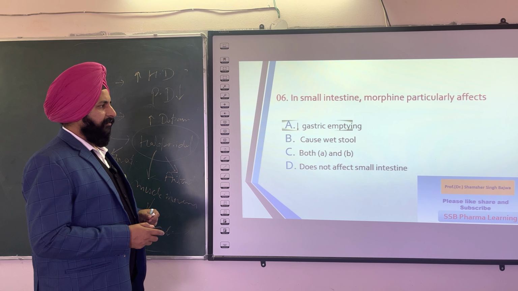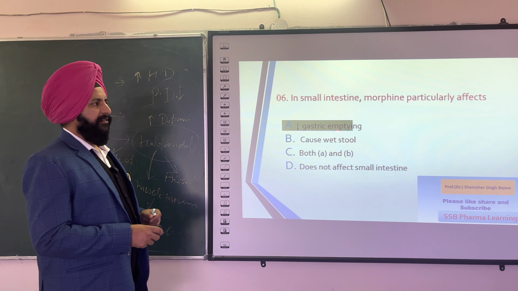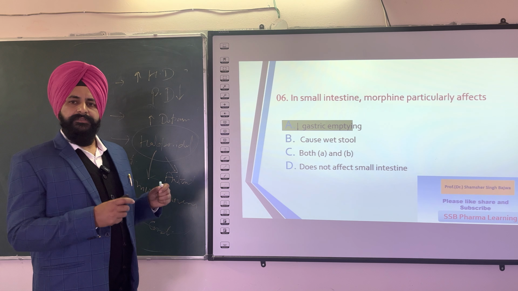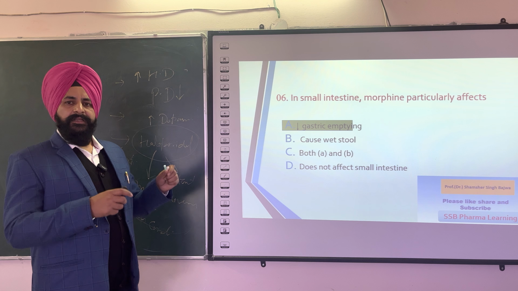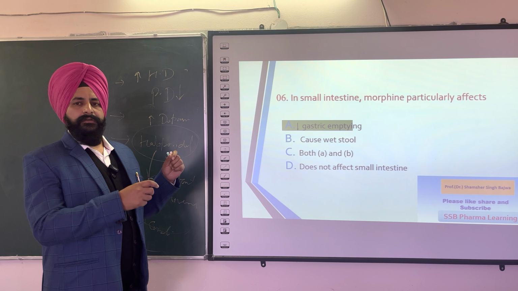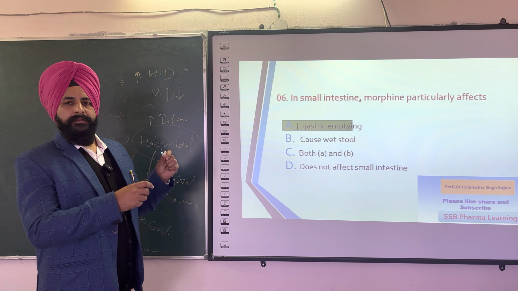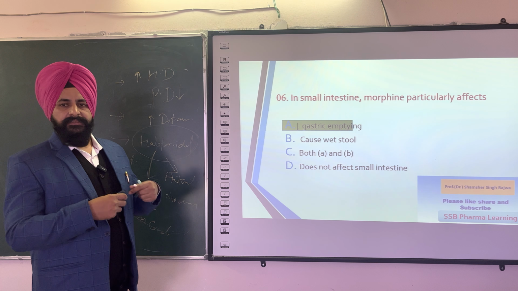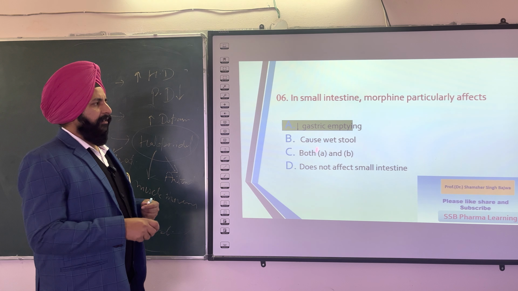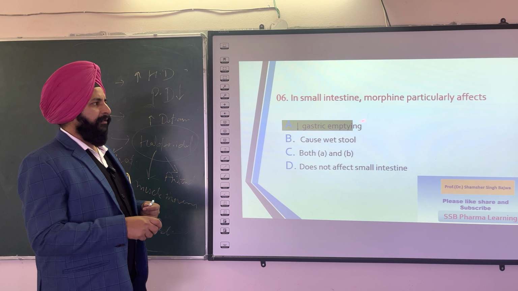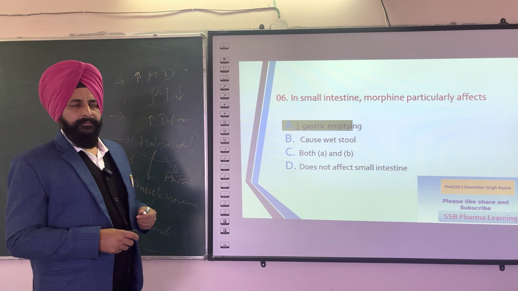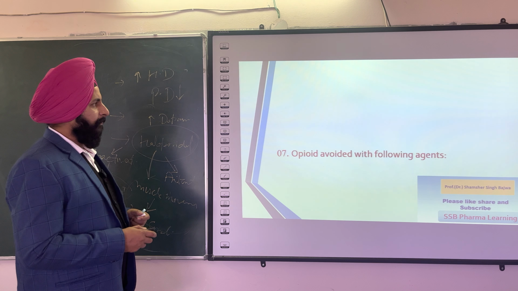The right option is, it decreases gastric emptying. So gastric emptying will be slow. The reason is, it is responsible for reducing the gastric motility, the movement of the gastric tract. On another note, if the option were what morphine causes, then the option can be constipation. This is the right answer.